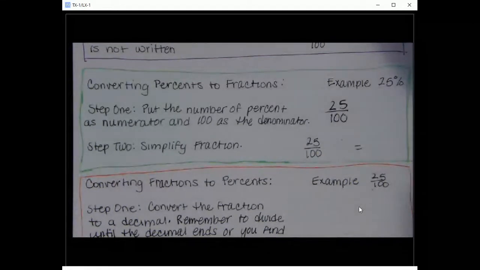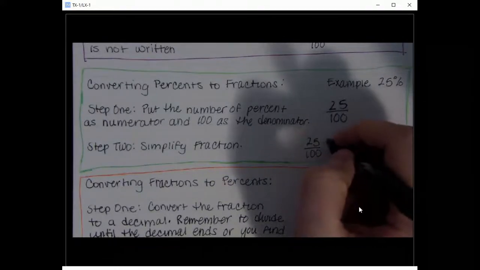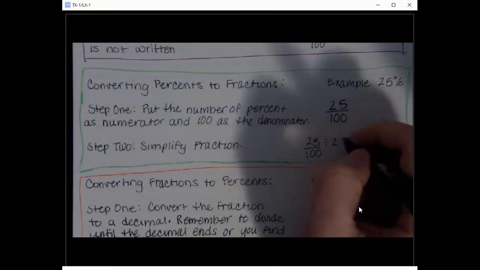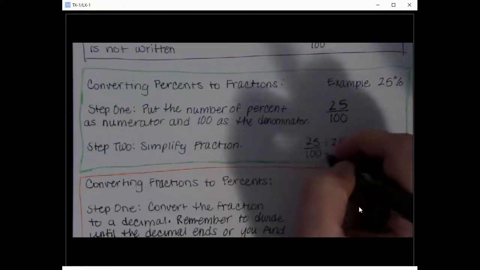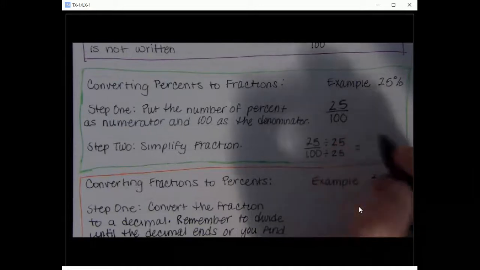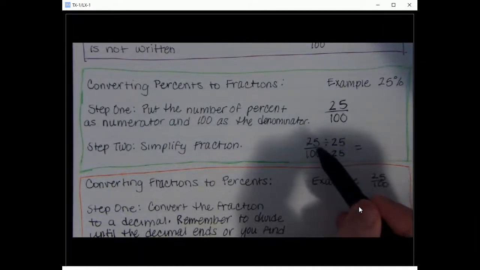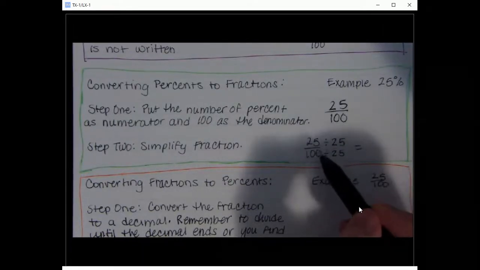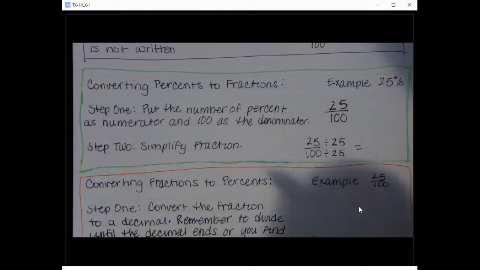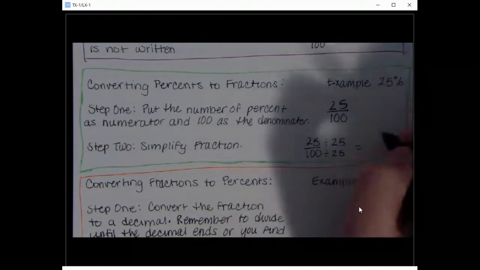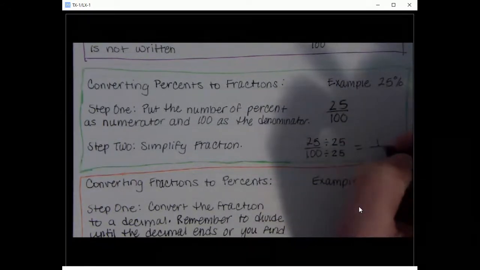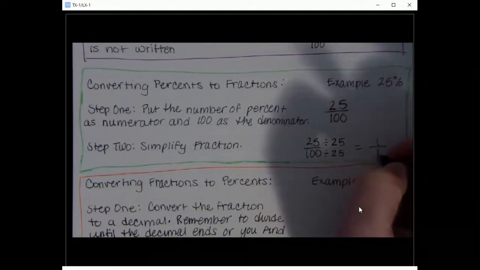So 25 over 100, I know that I can divide both numbers by 25. Again, if you didn't know that offhand, you could divide by 5 and then divide by 5 again. We know we can divide by 5 because the 25 and 100 end in the numbers 5 and 0. But 25 divided by 25 is 1, and 100 divided by 25 is 4.